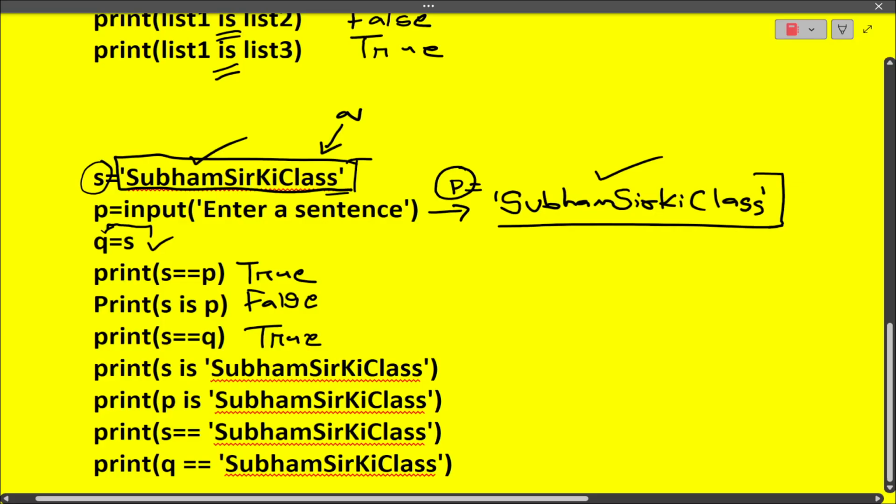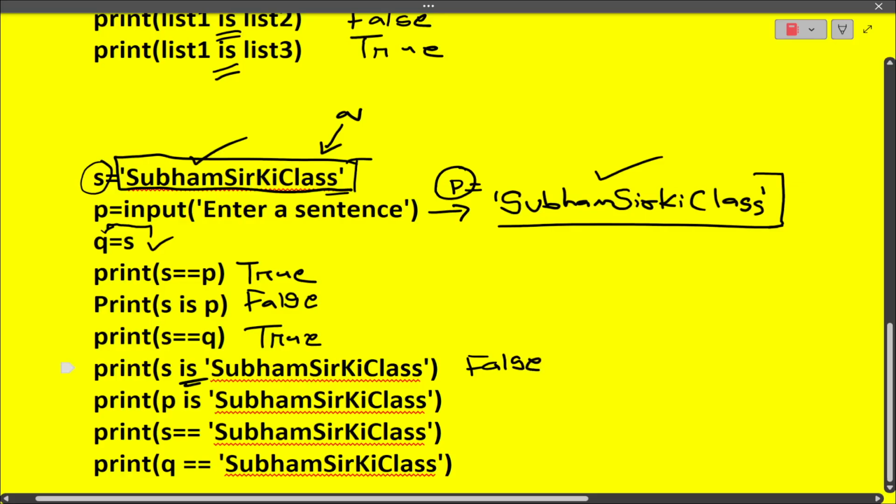Now talking about the next one, it is very interesting, students. S is Shubham sir ki class or not. See, I have used is here. Can you see? I have used is here. So what will happen over here? It will result in false. Why?